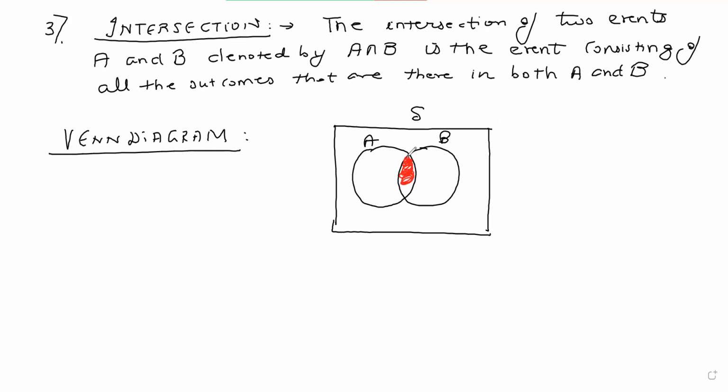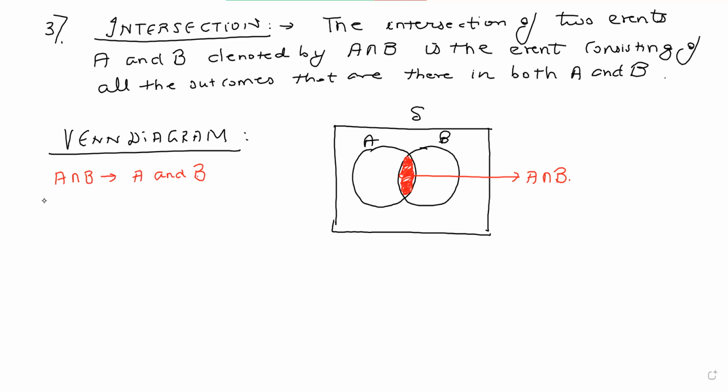Students can look at the shaded red area. It contains the outcomes which lie in A also, and they lie in B also. So this is called A intersection B. I can also read A intersection B as A and B. So students should be able to understand the difference between A union B and A intersection B.